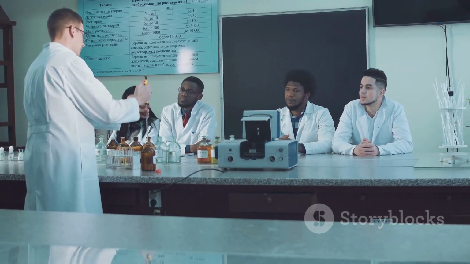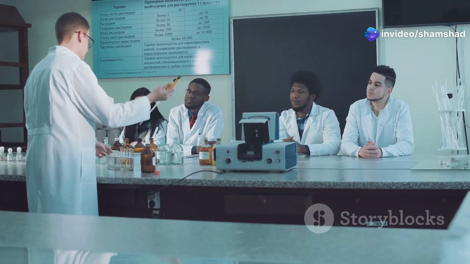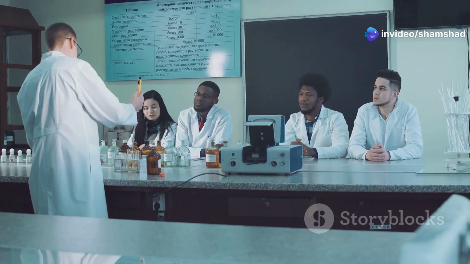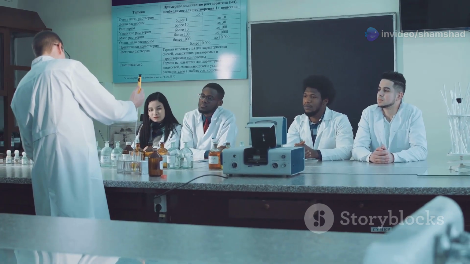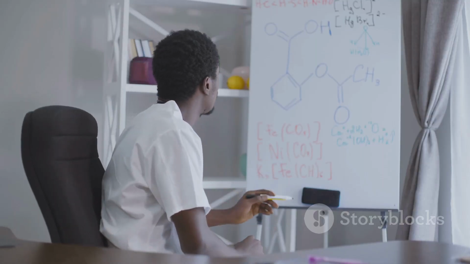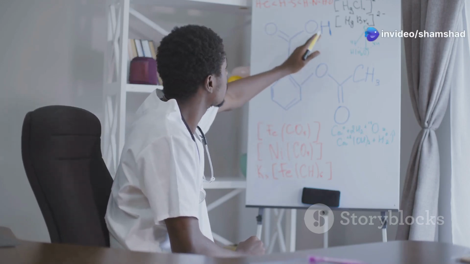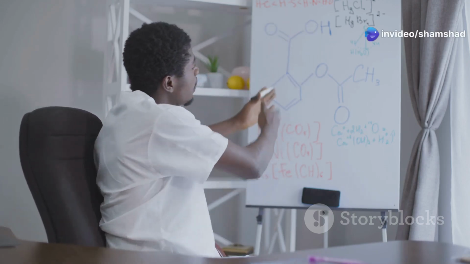Chapter 5. Our final question takes us on a journey back in time to the development of the periodic table, a cornerstone of modern chemistry. We're asked to explain the significance of Dmitri Mendeleev's periodic table, a revolutionary concept that shaped our understanding of the elements.